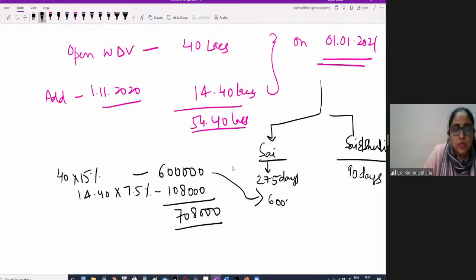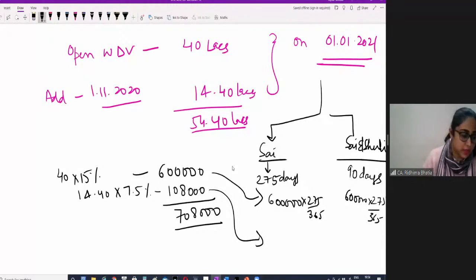So this 6 lakhs I will proportionate: 6 lakhs into 275 by 365, and 6 lakhs into 90 by 365. And this 1,08,000 came only from 1st November 2020, which was only for 151 days in total. Out of these 151 days, 61 days were here, 90 days were here.